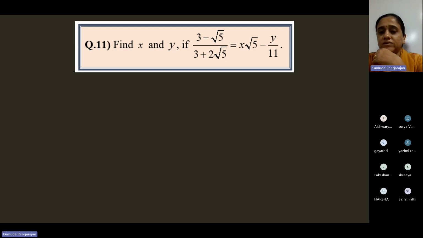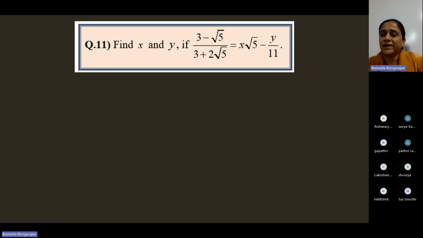Yeah, what are the values of X and Y? Found? So how do you get started? How do you start working this answer? Correct. You just have to rationalize the denominator on the left-hand side. The denominator is 3 plus 2 root 5.